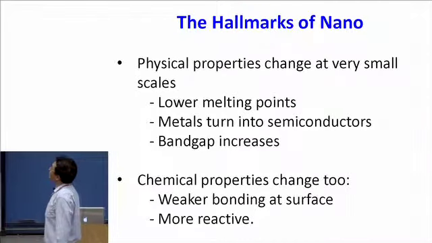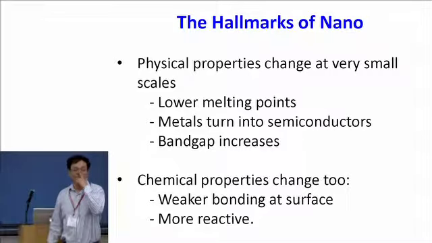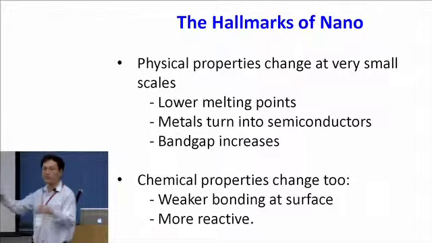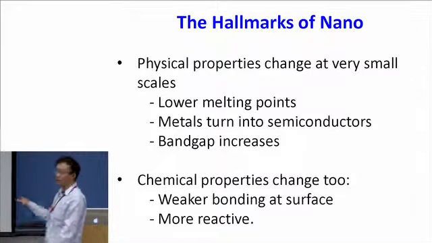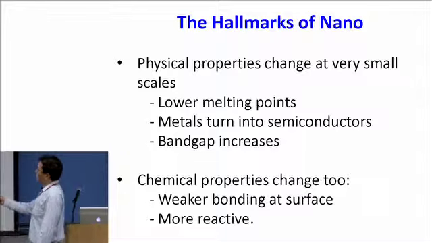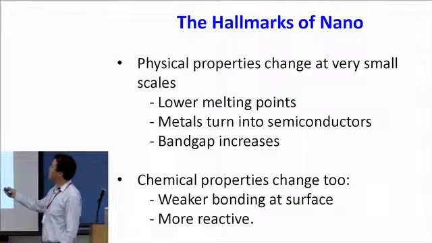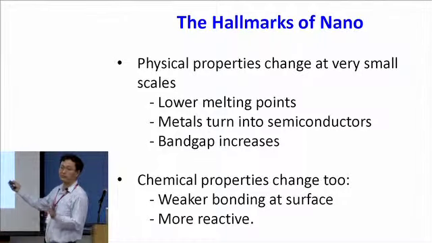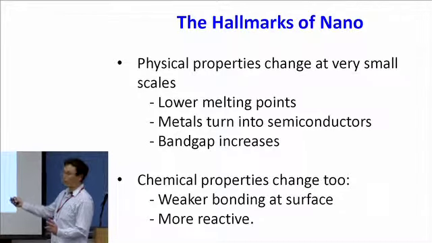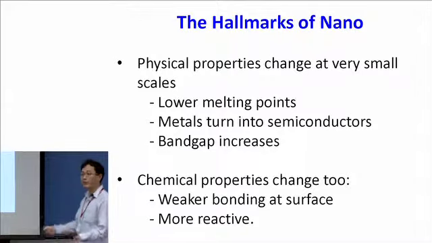Okay, so just to summarize, the hallmark of nano is really listed here. There are many, many different properties, but these are the most central and simple ones. One is that the property can change simply due to size, getting small. And these are a perfect example. One is the melting points actually can reduce.